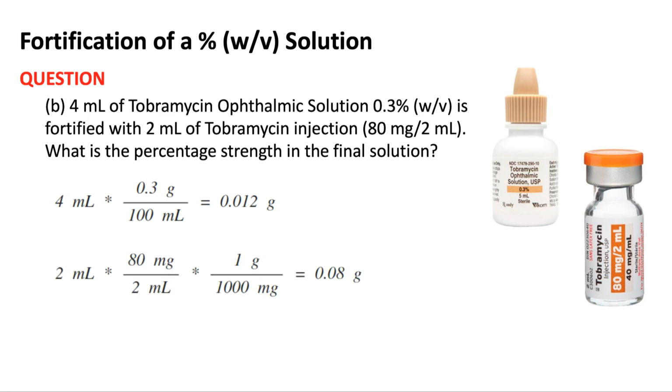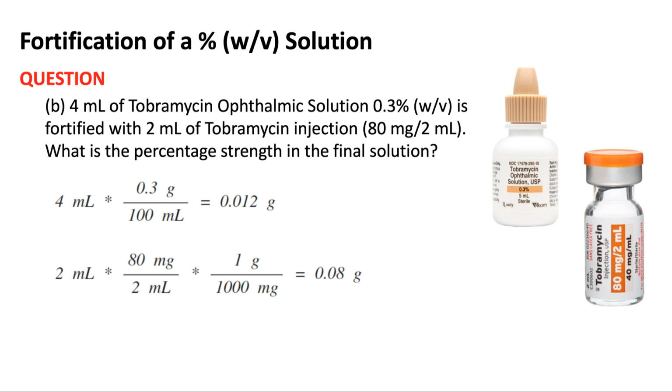What's new in this question is the fact that when I add my additional 2 mils, it will actually be providing some additional tobramycin since we're adding the injectable. So let's take the 2 milliliters that I'm going to add, multiply it by its concentration, which we said was 80 milligrams per 2 milliliters. Okay, so clearly the milliliters will cancel and we would have 80 milligrams.